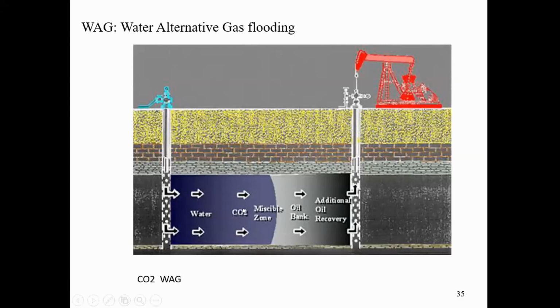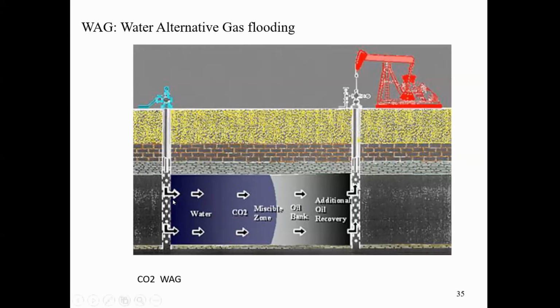So first you inject the gas, CO2, maybe for 3 months or 4 months. Then after that, switch off the compressor of CO2 and start the water injection pump for another 3 to 4 months. And by this, you sweep more oil.